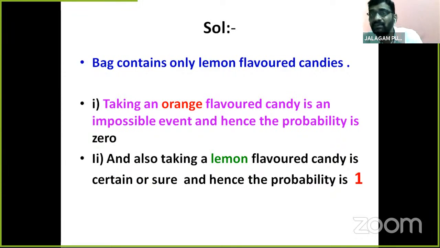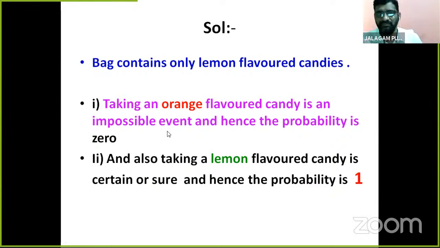We take lemon, so that it should be sure or certain. Taking a lemon flavored candy is certain or sure. And hence the probability is what, children?